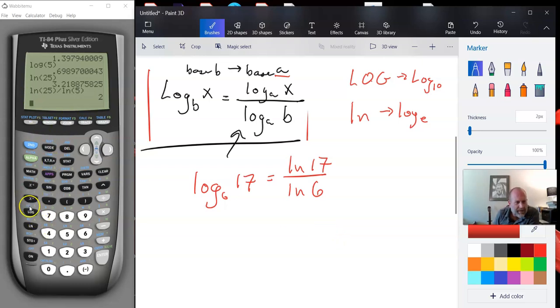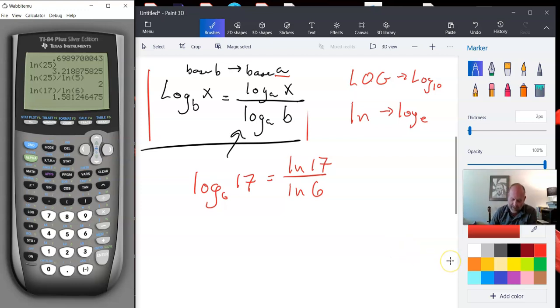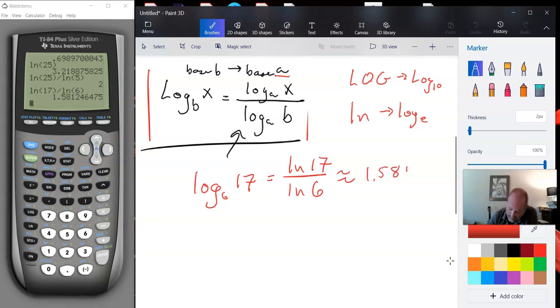Okay, so we got, and you could use the regular log also. So the natural log of 17 divided by the natural log of 6 should be something irrational, and it is, right? So we get an estimate. In your homework, it'll tell you where to round. So that goes on forever.